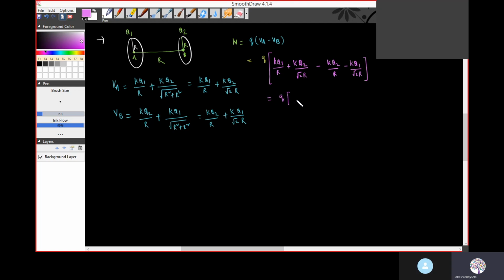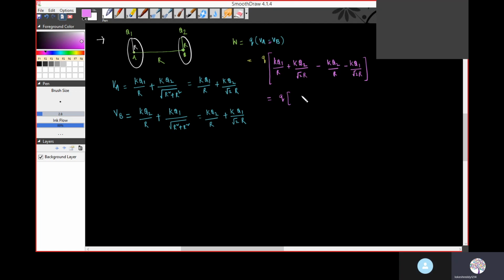That is equal to Q into, with the minus there, this minus this, in brackets, you will get minus and minus here.